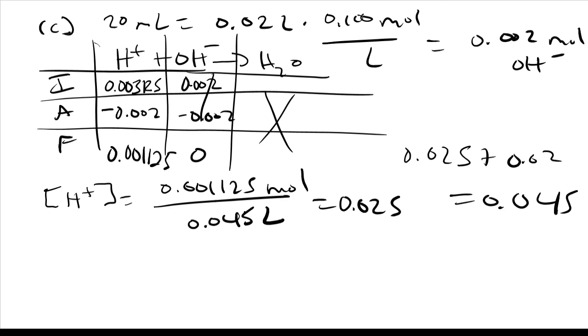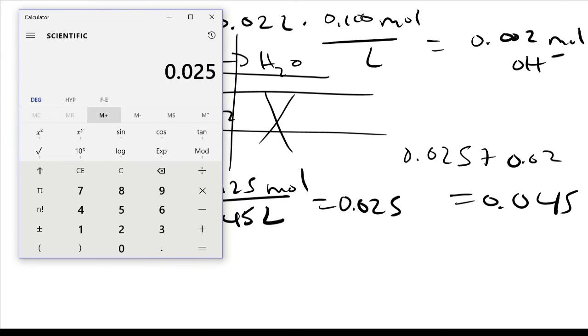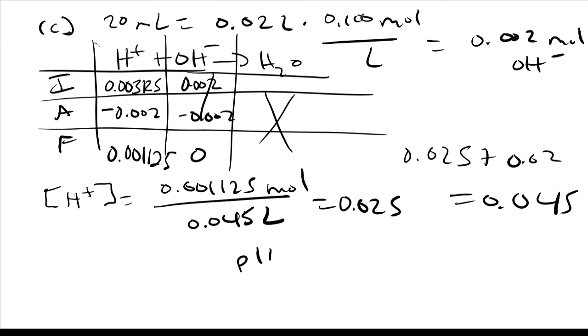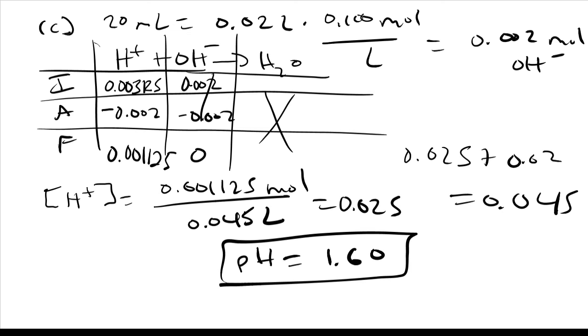Let's go ahead and do the log of that now. So 0.025 and then the log of that. So it's about 1.6. So the pH is about 1.6. Okay, and that's part C.